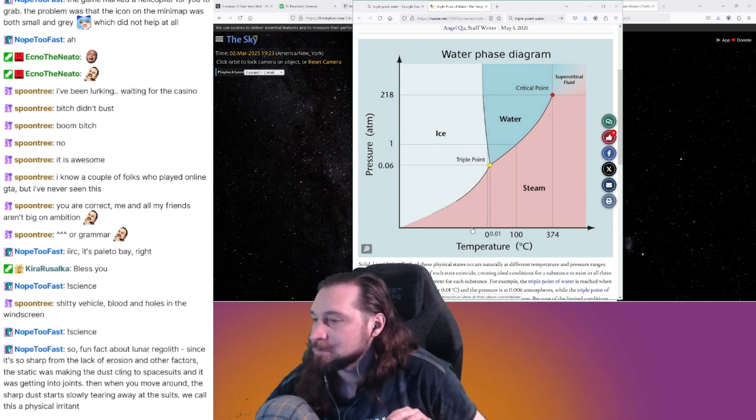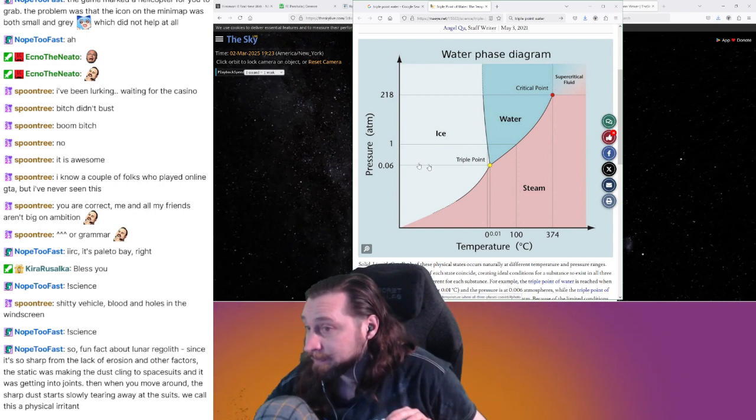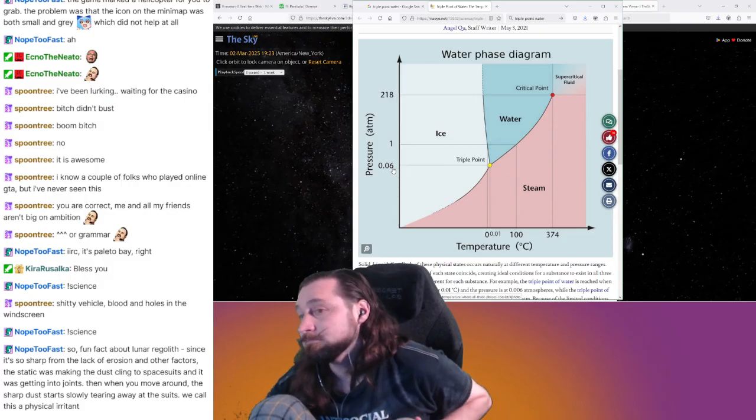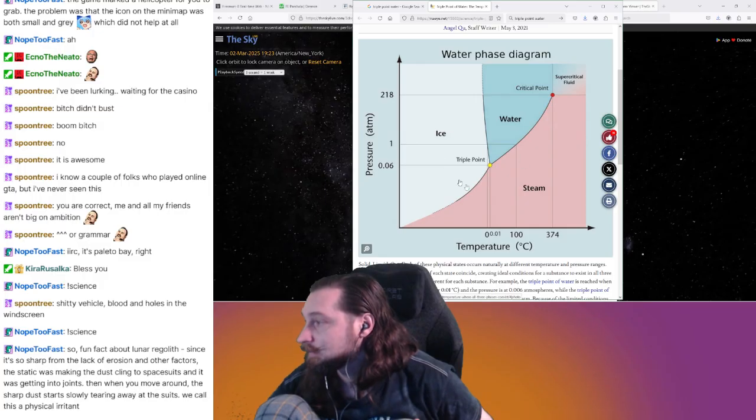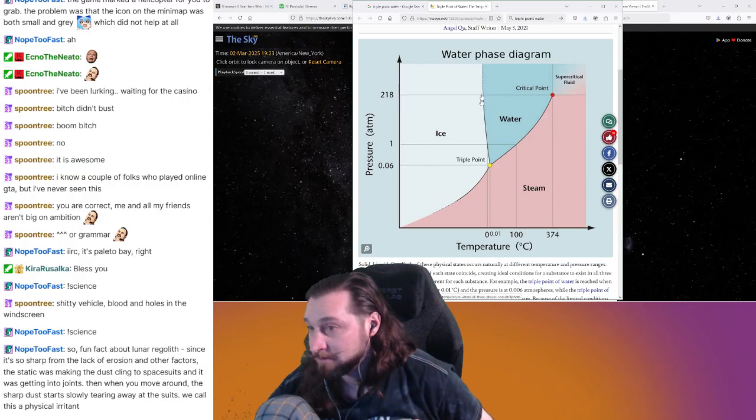So what this phase diagram is showing us is that any pressure below 0.06 cannot sustain liquid water, and any temperature below probably -1C.